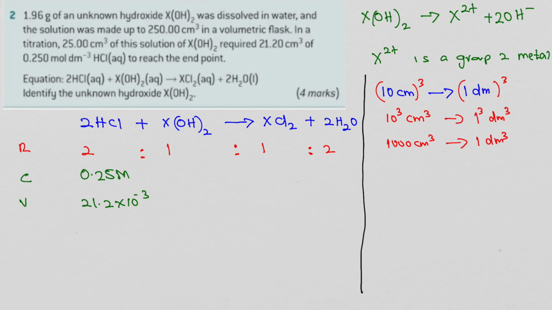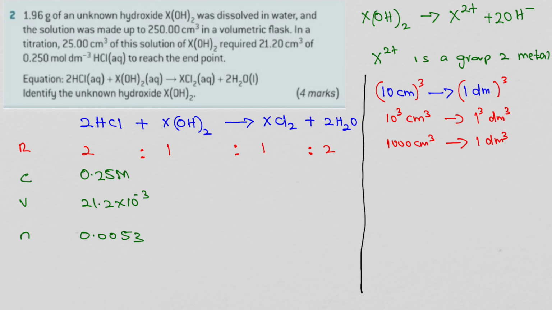And so now we can work out the mole for the acid, and the mole for the acid will be the volume times the concentration. So when we multiply the two together, we get 0.0053.